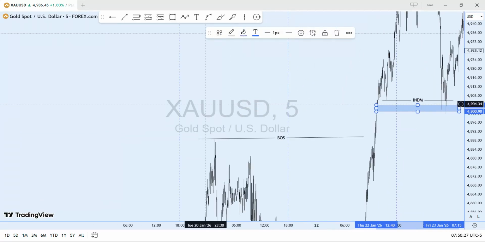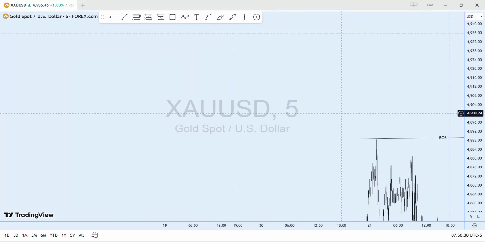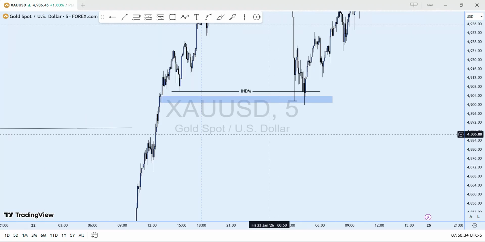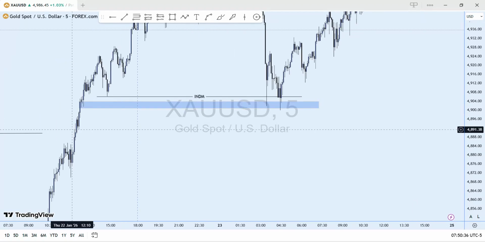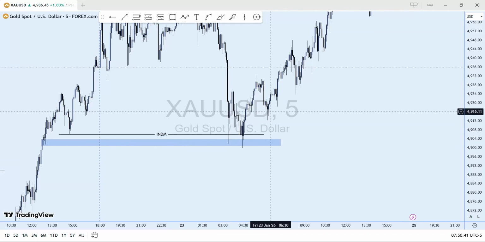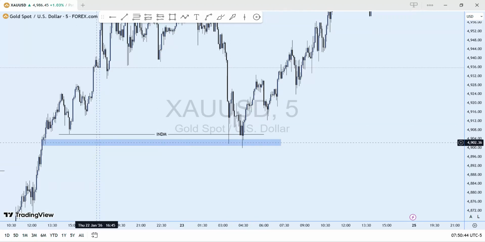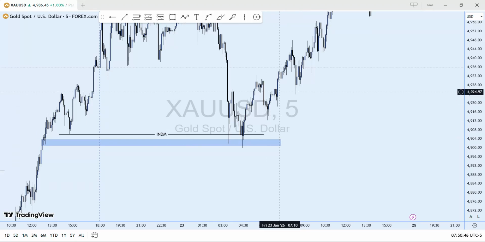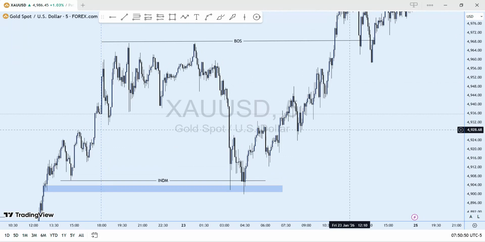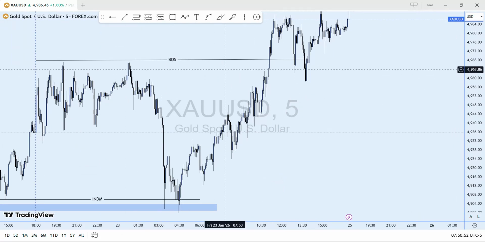Sorry about that. All right, so this is a place that the market shifted structure from. It referenced this point and then broke to the upside. Okay, so this is a break of structure.